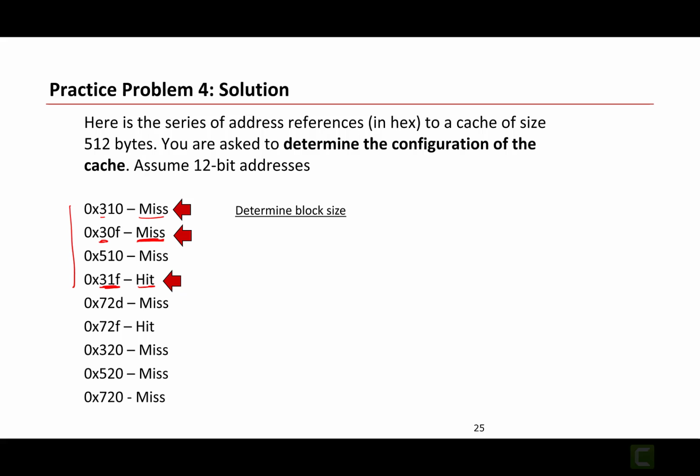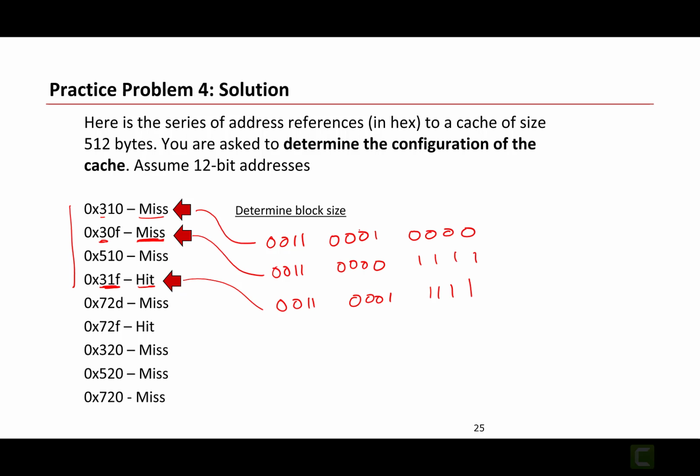Okay, so now let's start off by converting these 3 addresses to the binary format. The given address is in hexadecimal, obviously. So I've converted the 3 addresses to the binary format, and we know that this address is a miss, this address is a miss, and this one is a hit.